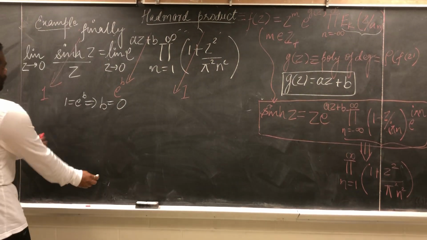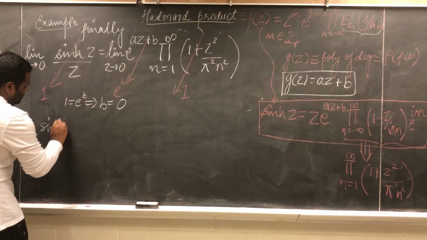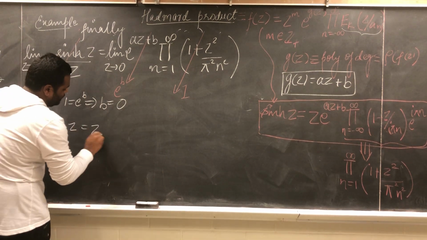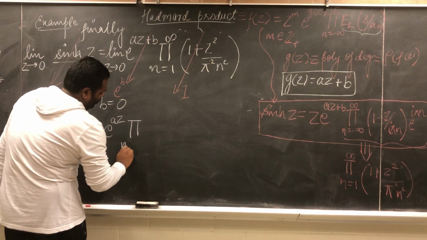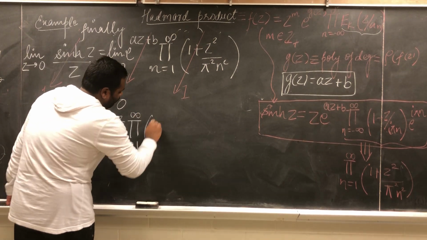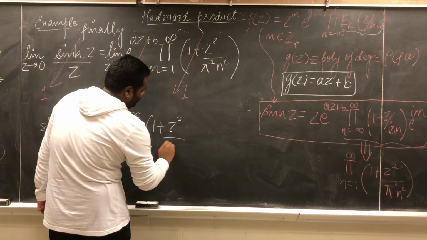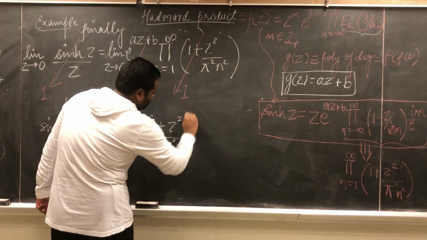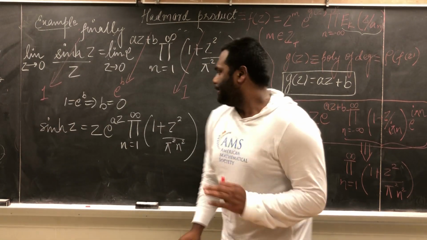So what we have essentially is sine hyperbolic z equals z e to the az countable product from 1 to infinity of 1 plus z squared over pi squared n squared. Now we need to determine what A is.